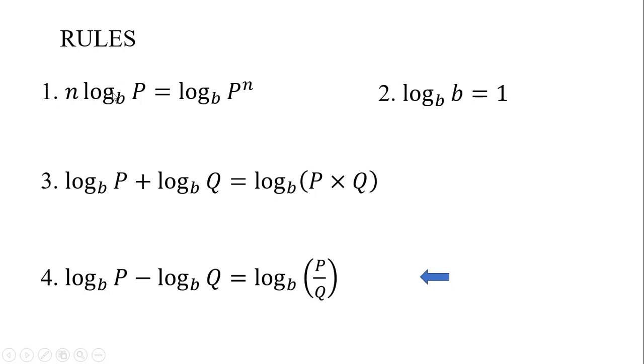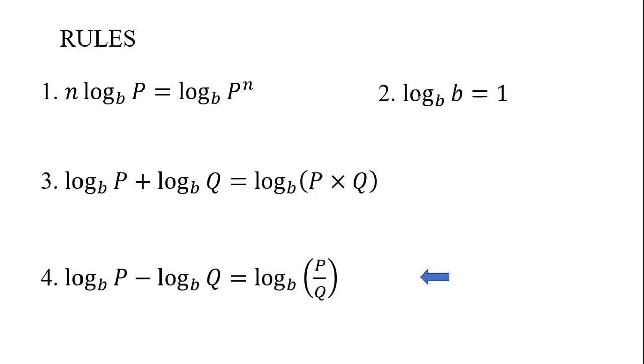We have that n times logarithm of p to base b is the same thing as logarithm of p raised to power n to base b. It's saying that n times the logarithm of p to base b equals the logarithm of p to the power n to base b.